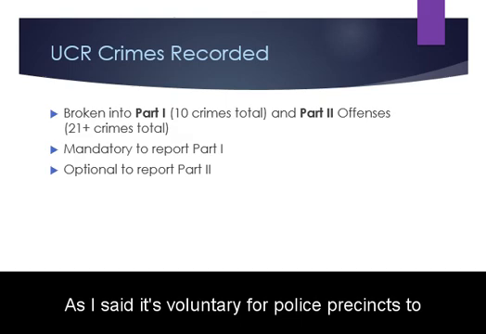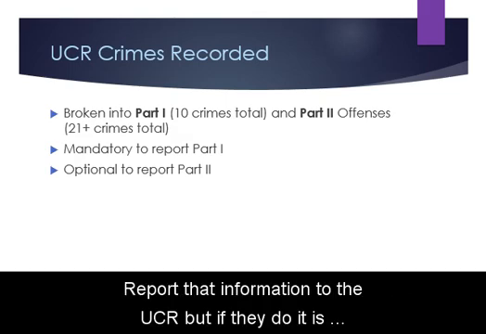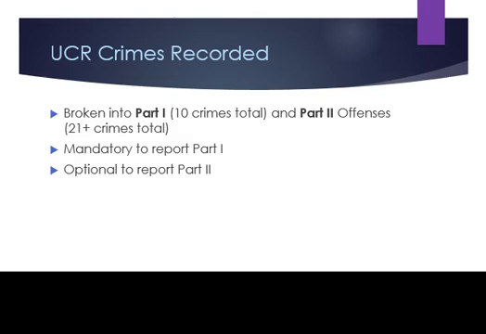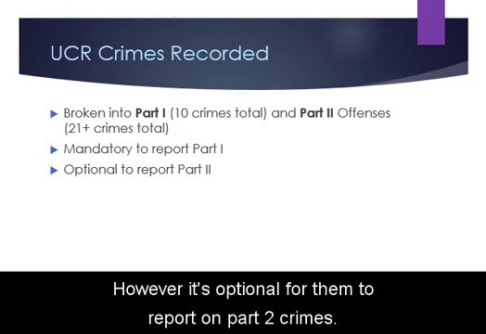As I said, it's voluntary for police precincts to report their information for the UCR, but if they do, it is mandatory that they report on Part 1 crimes. However, it's optional for them to report on Part 2 crimes.